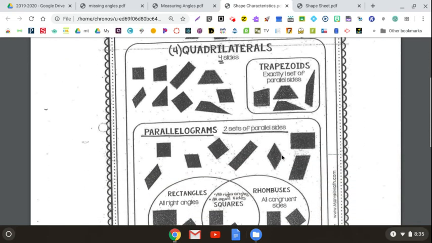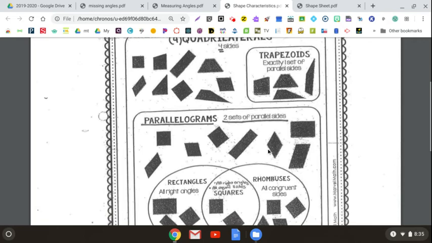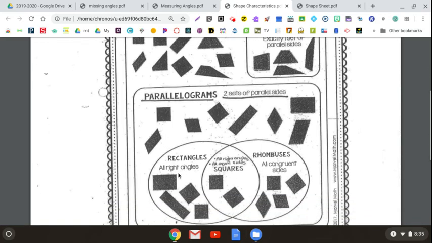Still inside the quadrilateral circle, we have parallelograms, which have 2 sets of parallel sides. And notice here's our leaned over rectangle and leaned over square. But notice right down here, inside this also includes the rectangles, squares, and rhombuses, or rhombi.